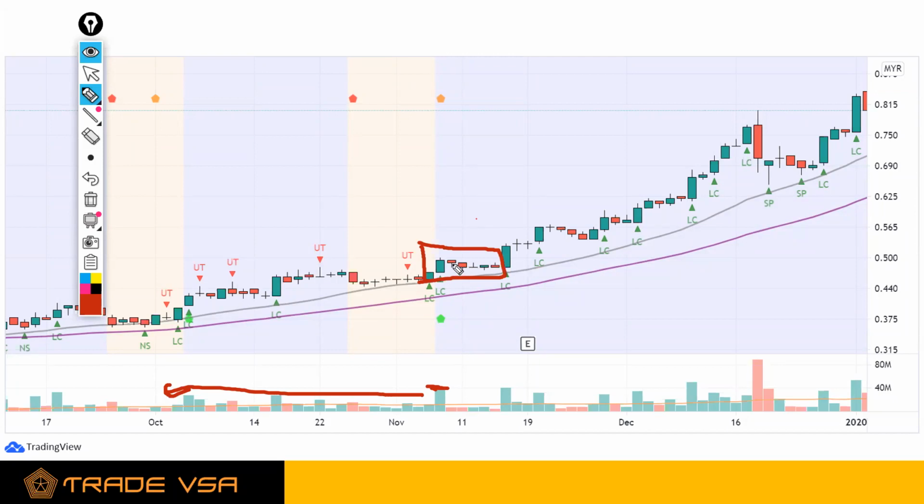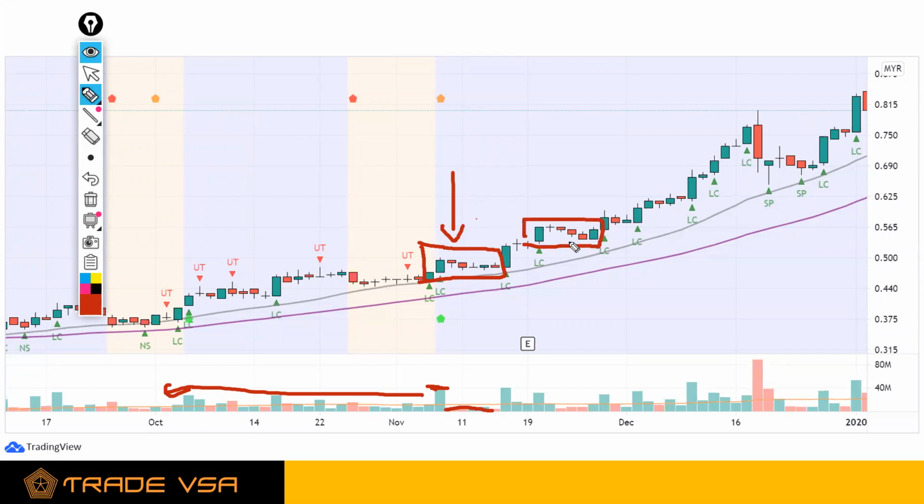The next few bars are very low volume and very narrow spread. And the best thing is they are still trading above the LC. So this is the best one in these stocks. Now the second best for me is probably this.